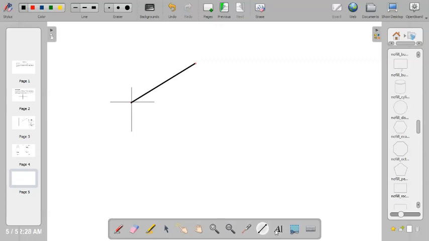Okay, so this is your A and this is your B. Let's say the distance between A and B is 70 meters, and your angle or the bearing is northeast.